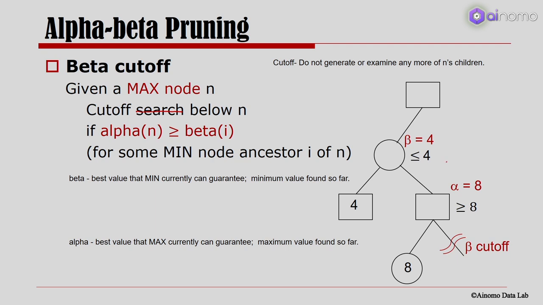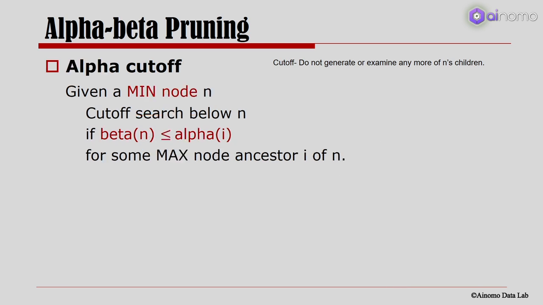So there is no point in looking for a better solution in this subtree, and that is what a beta cutoff is.